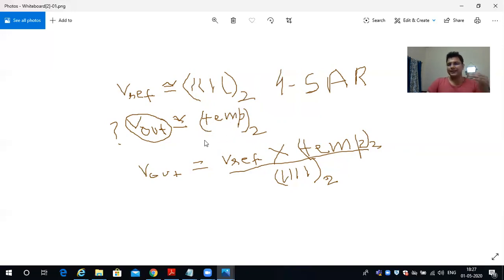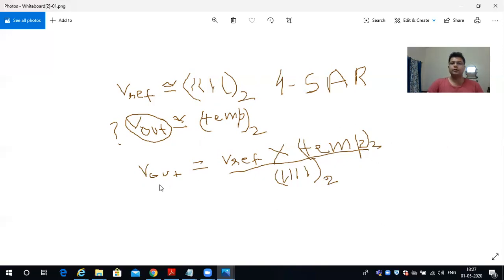So now it is a very simple ratio proportion problem. We will simply take the ratio, then V out would be equal to voltage reference multiplied by whatever value we got in our data register. Obviously this needs to be converted into its decimal value, and this also needs to be converted into its decimal value.